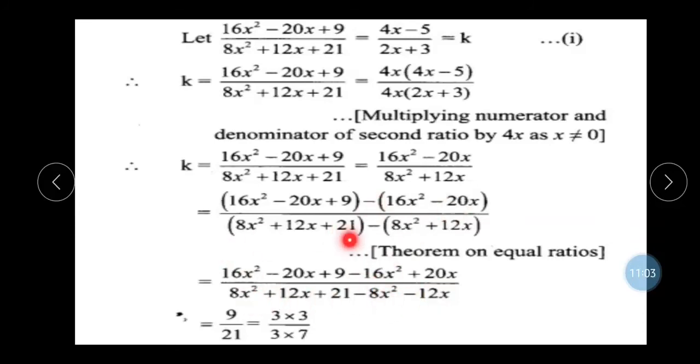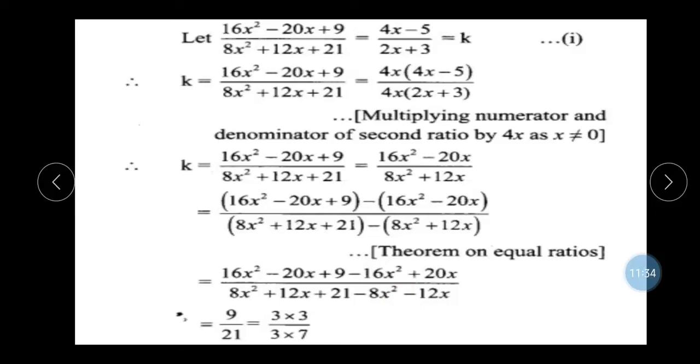The denominator will be as it is, that is 8x square plus 12x plus 21 minus 8x square, and minus and plus will give minus 12x. Now 16x square is positive and 16x square here is negative, so it will get cancelled. Minus 20x and plus 20x will get cancelled. 8x square and minus 8x square will get cancelled, and plus 12x and minus 12x will get cancelled.